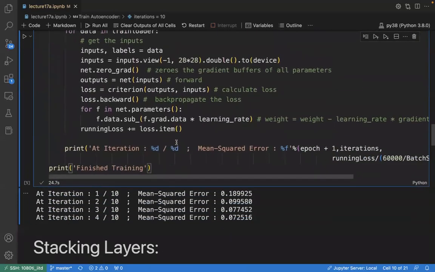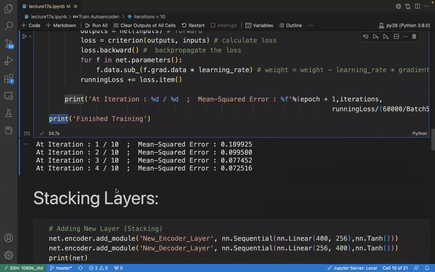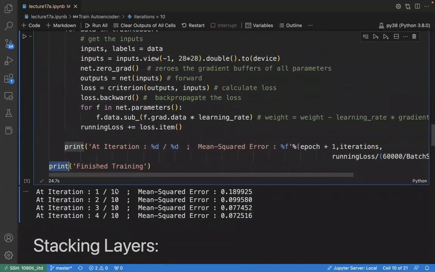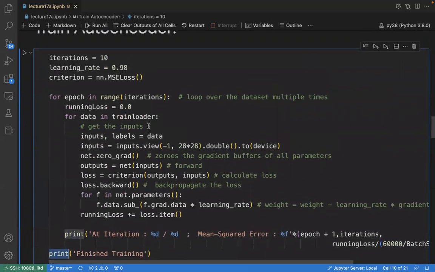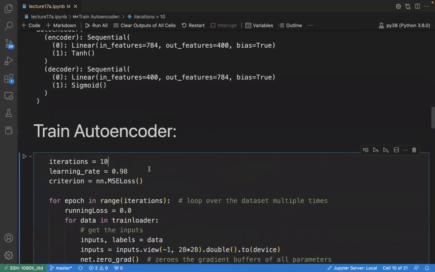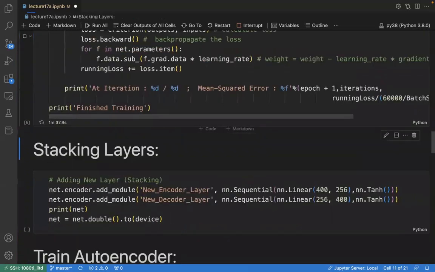I don't know. It should be printing that training has finished. It stopped after the fourth iteration. Hmm.